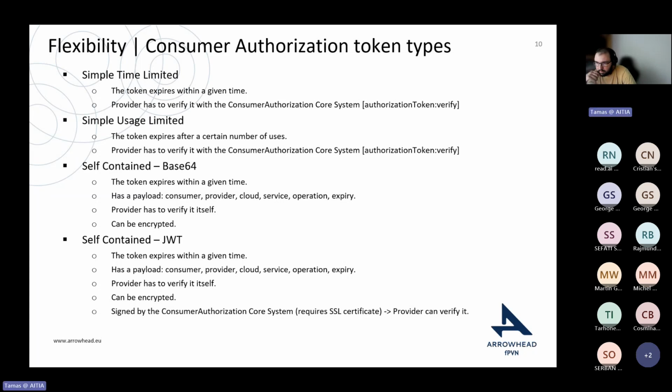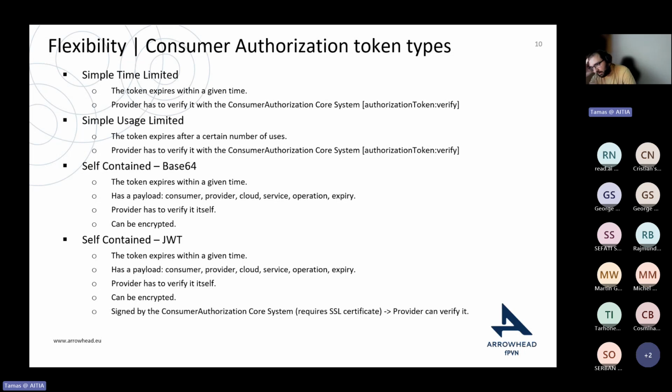And also we have the JSON web token as a self-contained token, very similar to the base 64 type of tokens. The only difference between them is that this JSON web token can be signed by the consumer authorization core system.